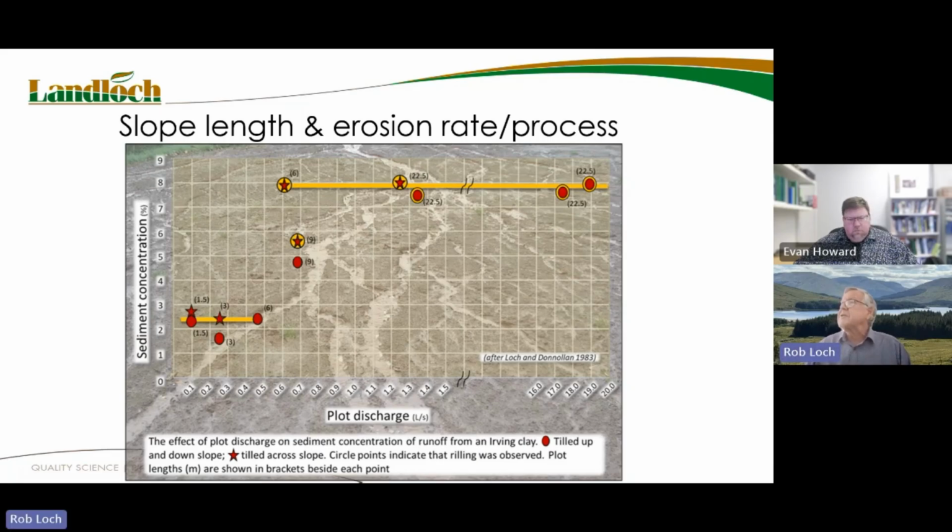this slide shows old research of mine, published back in 1983, looking at erosion of black cracking clay under a very large rainfall simulator. And so we applied simulated rain to a range of plot lengths, and as plot length and discharge increased, at about 9 metre plot length, we saw the rills develop and sediment concentrations in runoff increased by about a factor of 3 or 4.